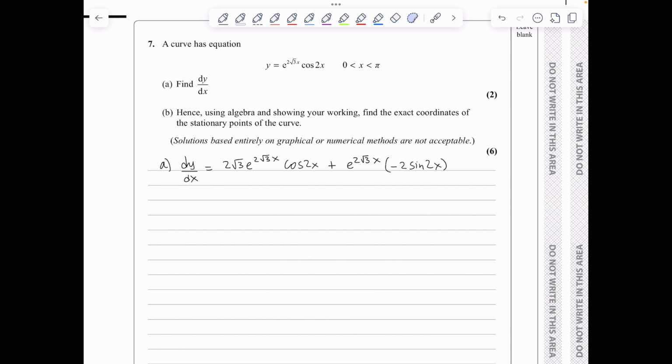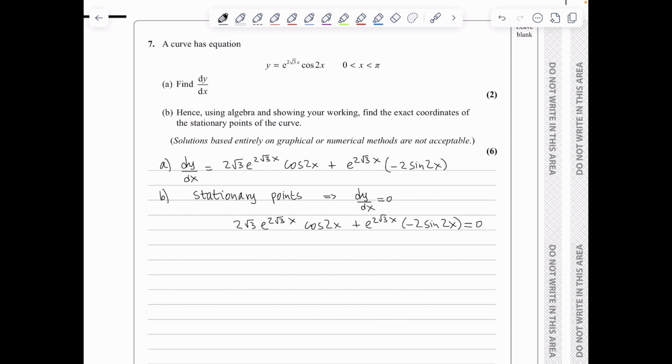And then in part B, we need to use algebra, and showing the working, we need to find the exact coordinates of the stationary points on the curve. Well, we know that stationary points means that dy dx is 0. So we've got 2 root 3 e to the 2 root 3x cos of 2x plus e to the 2 root 3x times minus 2 sine 2x is equal to 0.